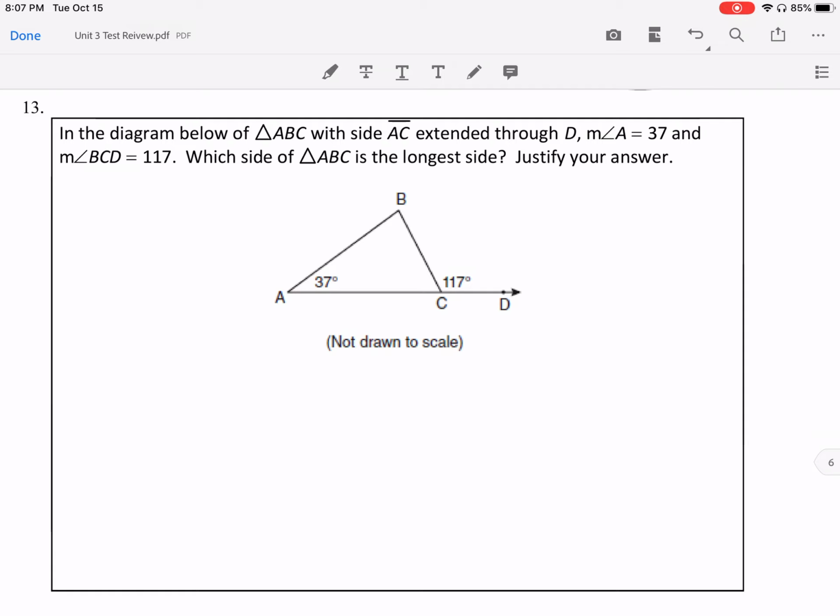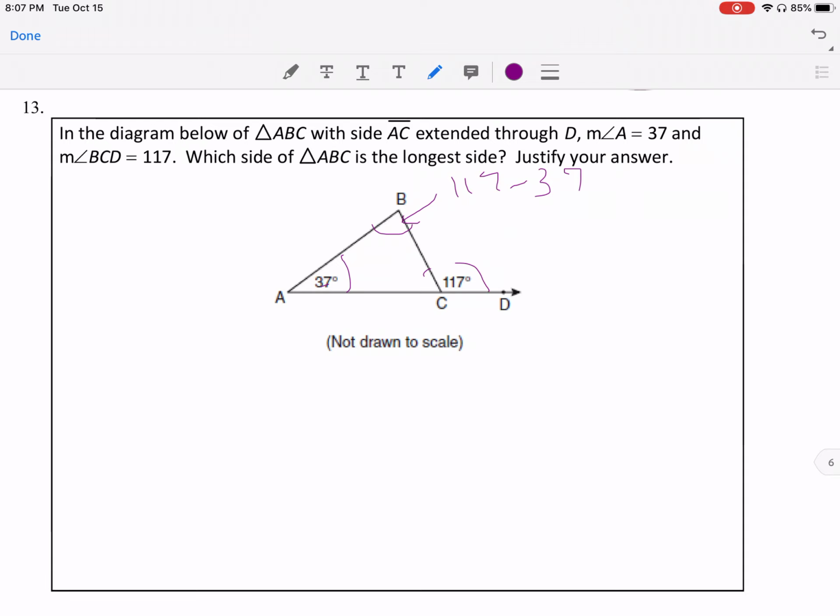Number 13 in the diagram, measure of A is 37. Okay, so it says which is the longest side. I just want to practice this whole idea. This angle right here is going to be 117 minus 37 because we know that these two angles always add up to be this angle right here.